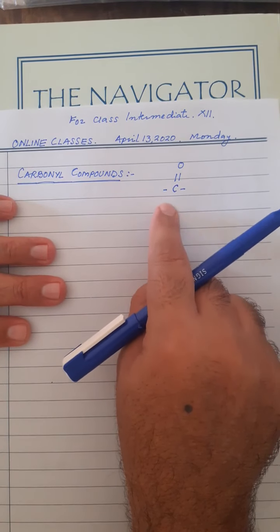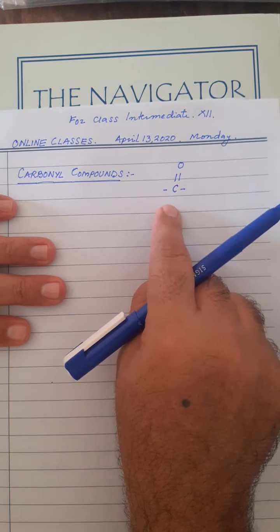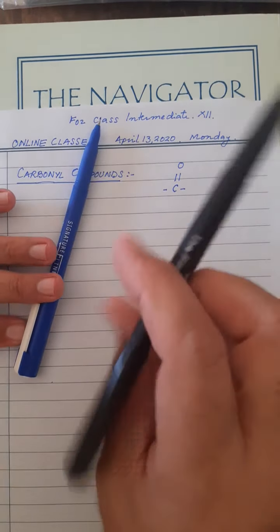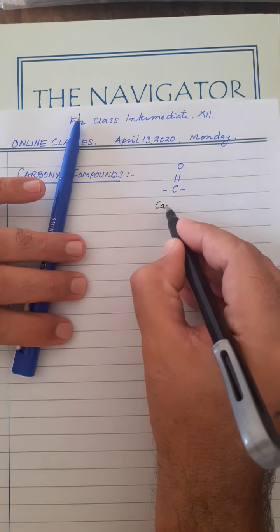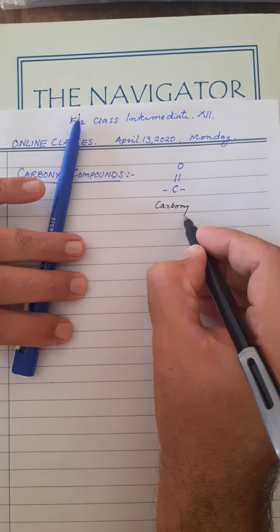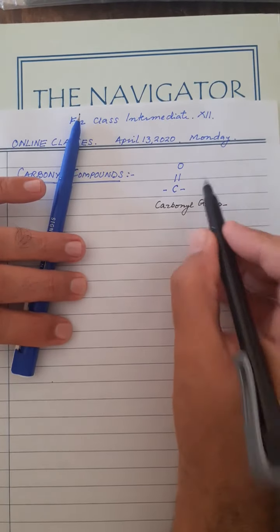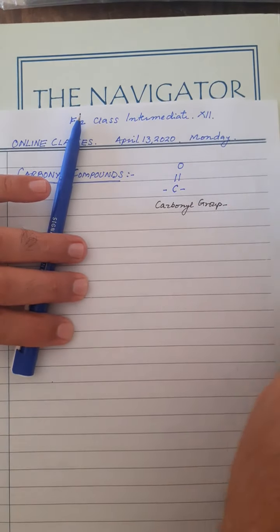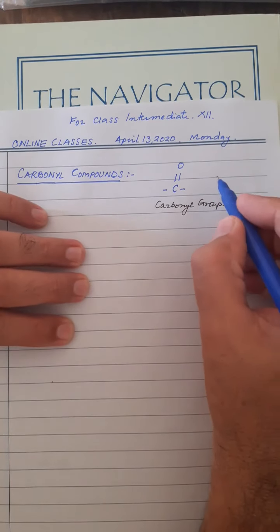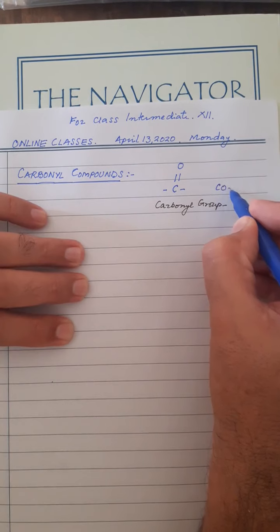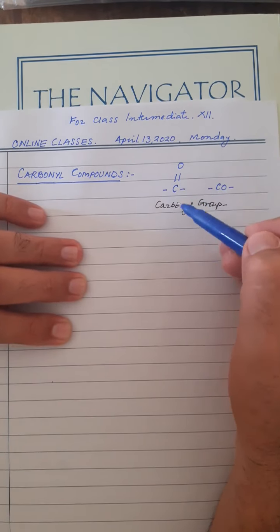This is the carbonyl group you are seeing on your screens. The carbonyl group can be represented as C double bond O, or we can also show it as CO. Or this double bond can also go down.